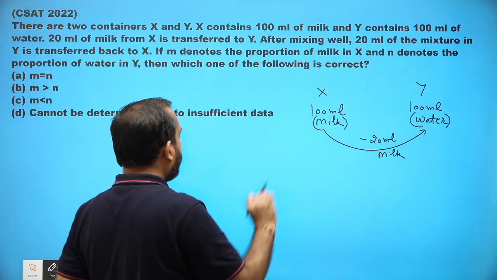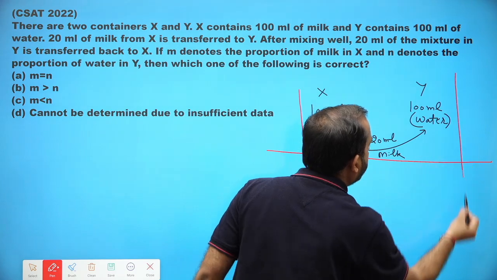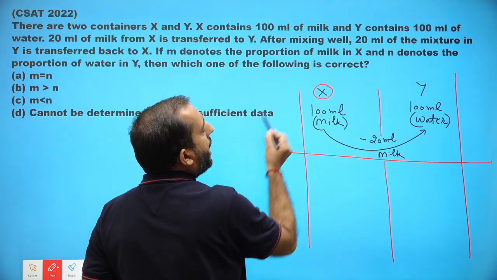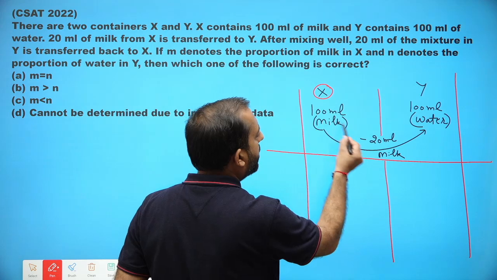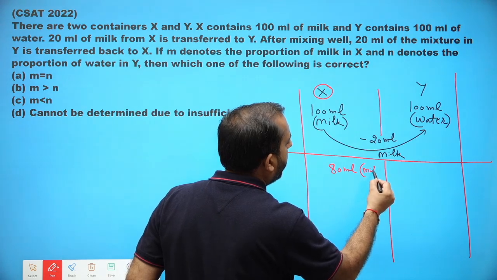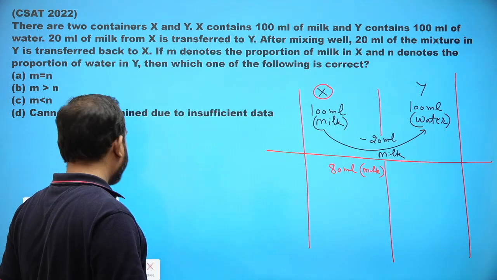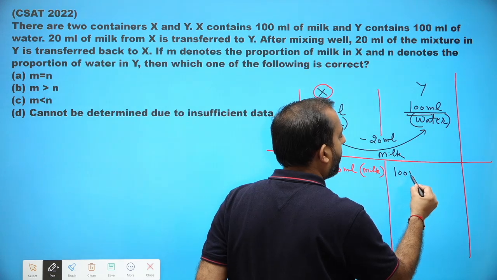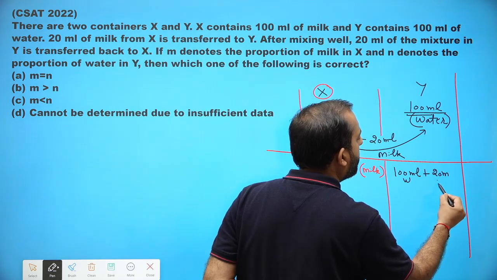After this process, the quantity left in container X must be 100 minus 20, that is 80 milliliter milk. And in container Y, 100 ml water is present, and 20 ml milk is also present.